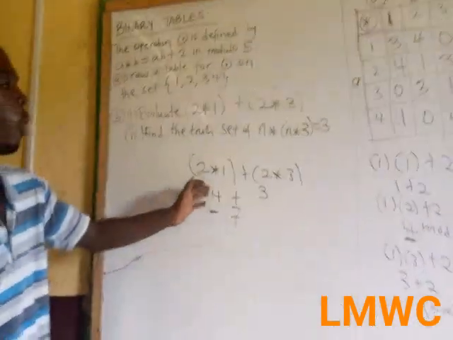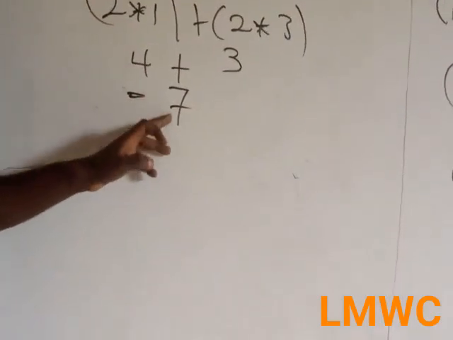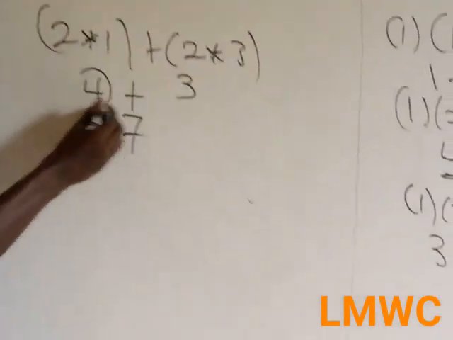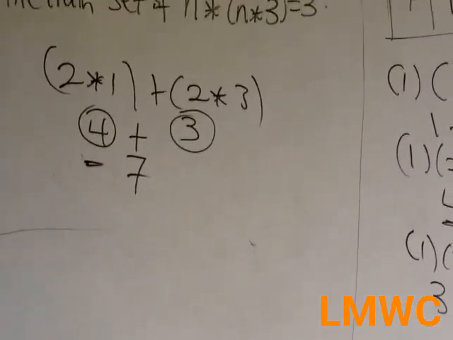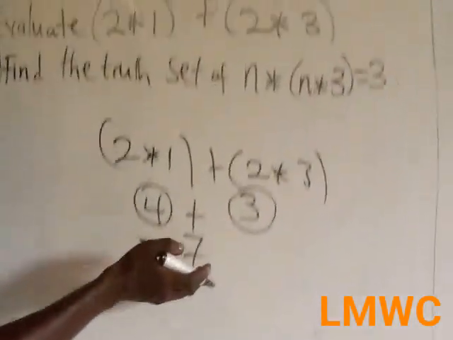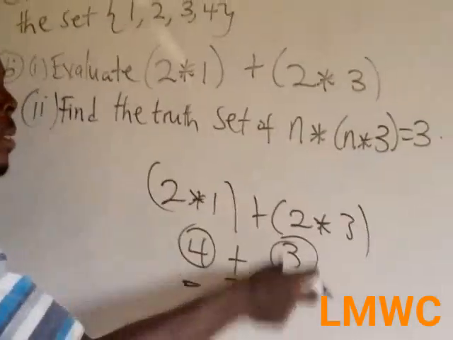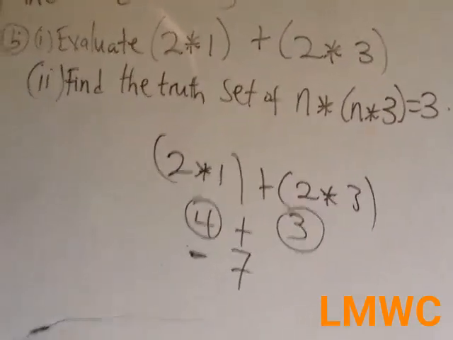So we have 4 plus 3 as 7. You can't convert this 7 into modulo again because this has already been converted in modulo. So take note. You just apply this operation, that's this addition sign, and you add it, you are getting 7. Now let us take the second one.